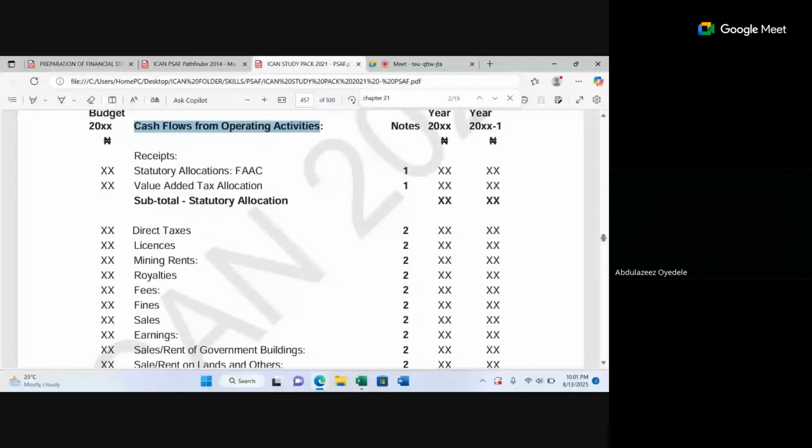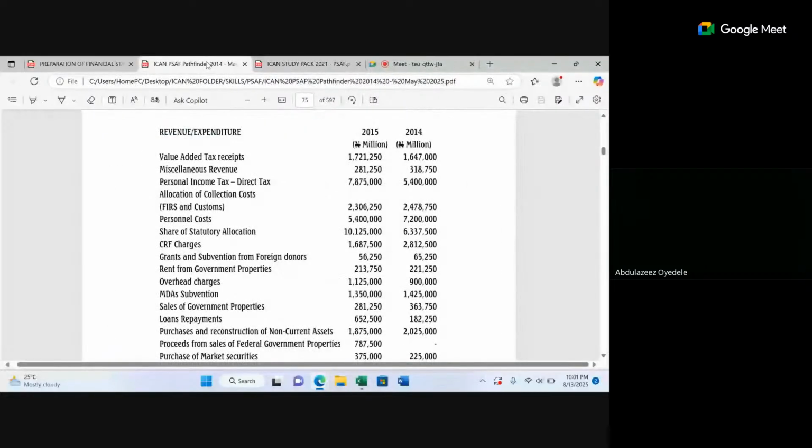So let's see if you can see allocation from FAC and VAT. The first item is even VAT. That's very good. It's very easy for us. So value-added tax receipts, pick that one, 1,721,250.